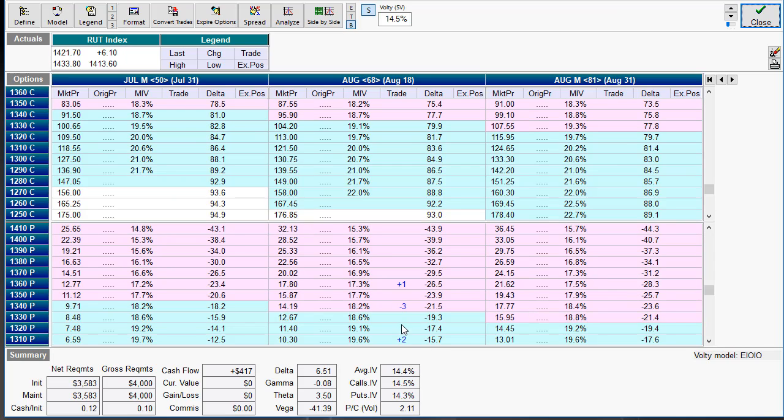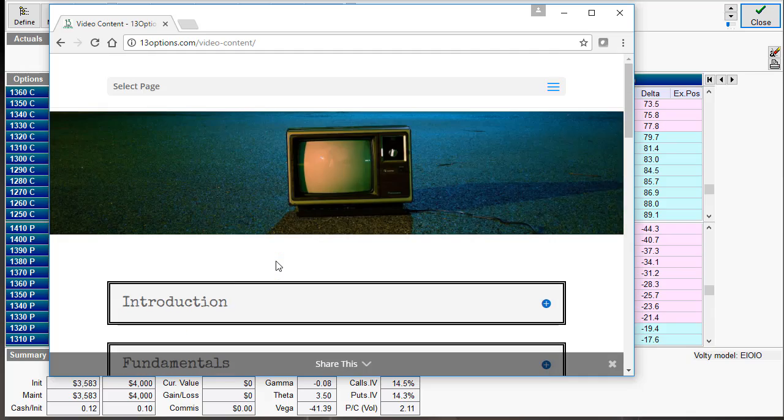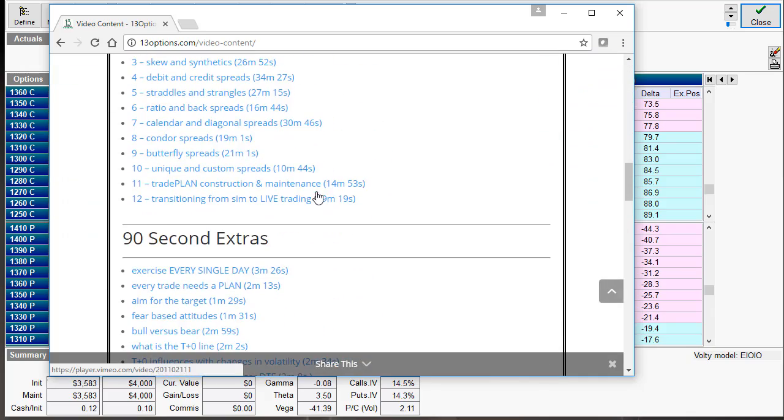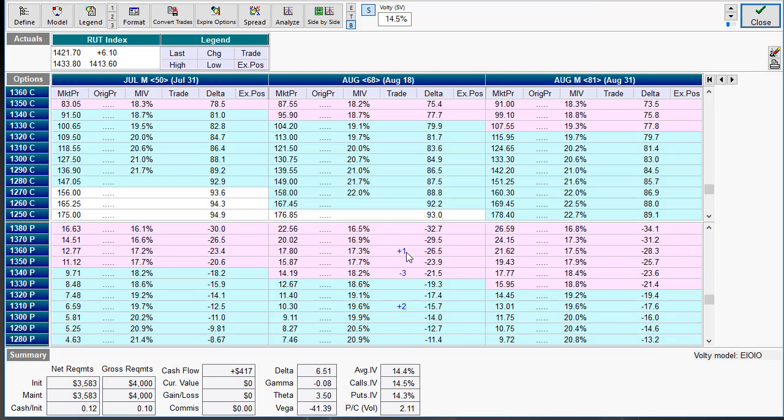So we've got put ratios, we've got back spreads, we've got all the different ways to do this, right here, ratio and back spreads. There's 16 minutes where I talk about and I unpack those, but the ratios are just unbalanced.